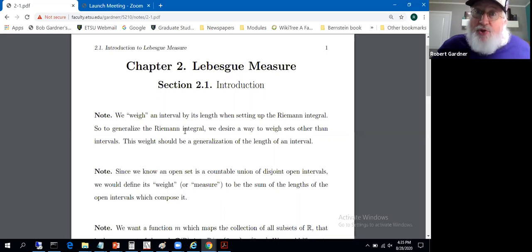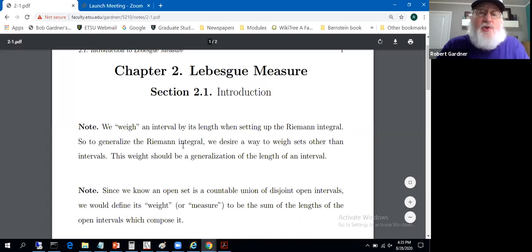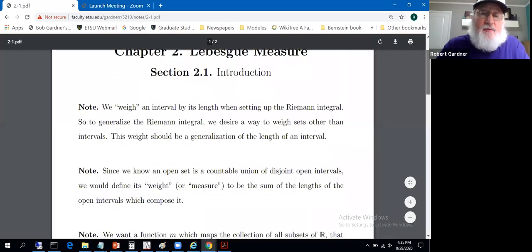And we'll get the measure of a set to be the generalization of the idea of the length of an interval. Okay, so the plan is to weigh an interval by its length. That's how Riemann does it. So to generalize the Riemann integral, we desire a way to weigh sets other than intervals. The weight should be a generalization of the length of an interval.